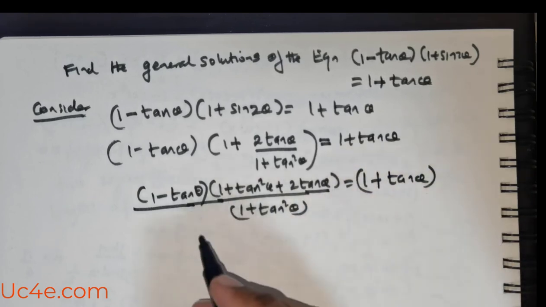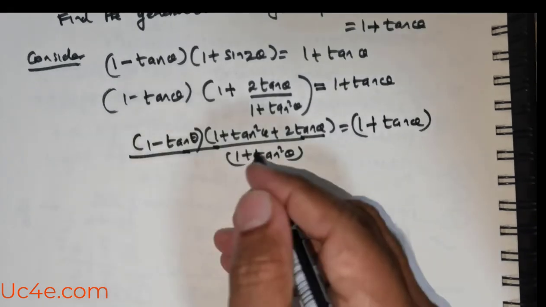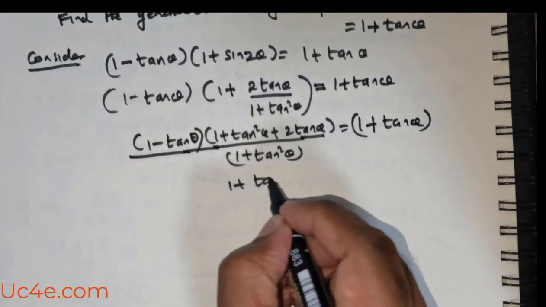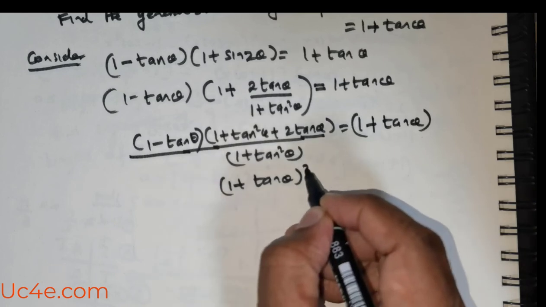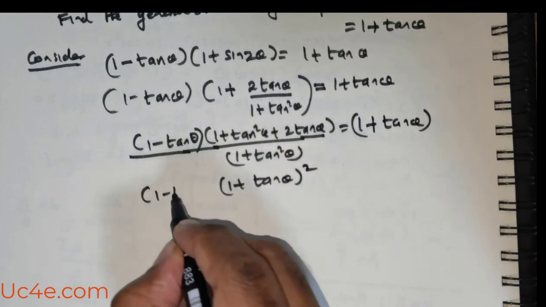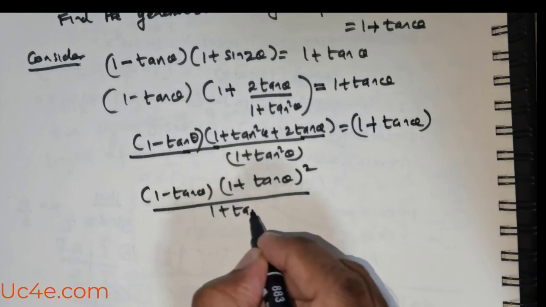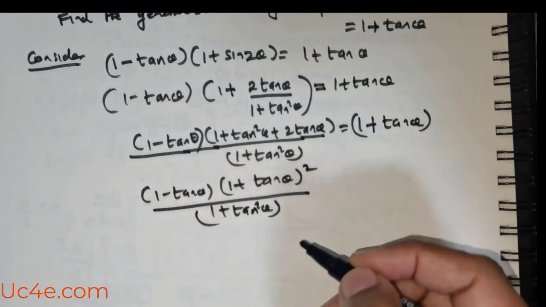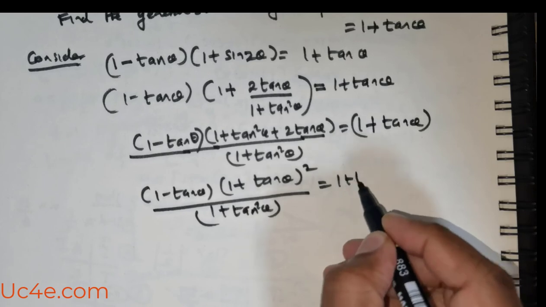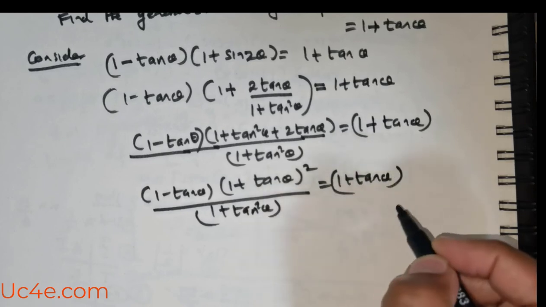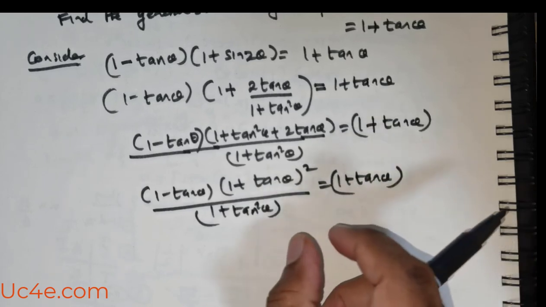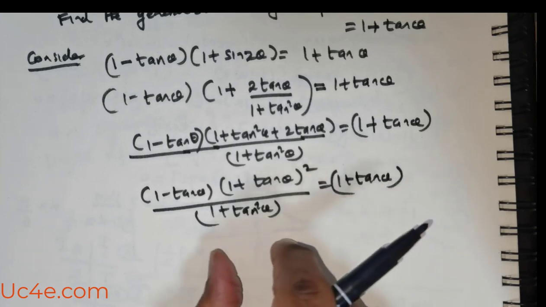Now this is a perfect square, so I can rewrite this as (1 + tan theta) raised to the power of 2 times (1 - tan theta) divided by (1 + tan squared theta) is equal to 1 + tan theta. Okay, so now we have two components.